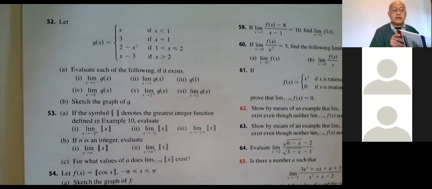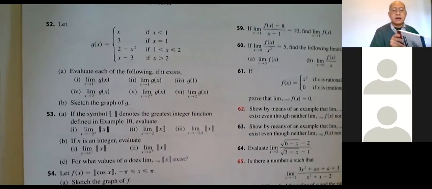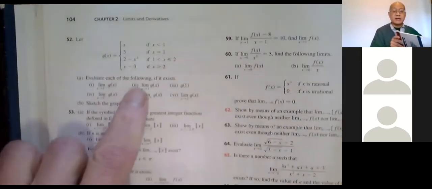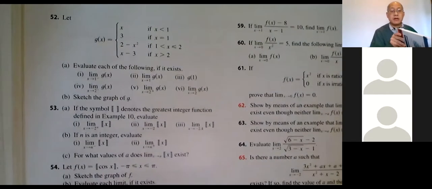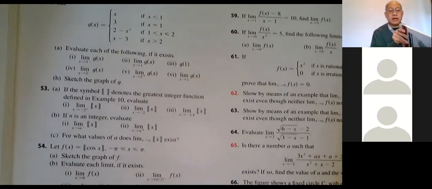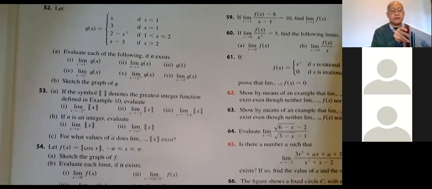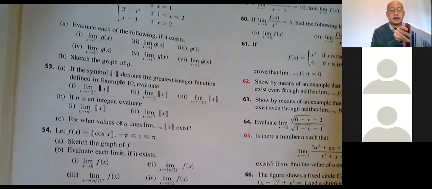So 53A II should be DNE. That one right there, 53. 53A I was negative 2. 53A II, hard to see all these parts, does not exist.